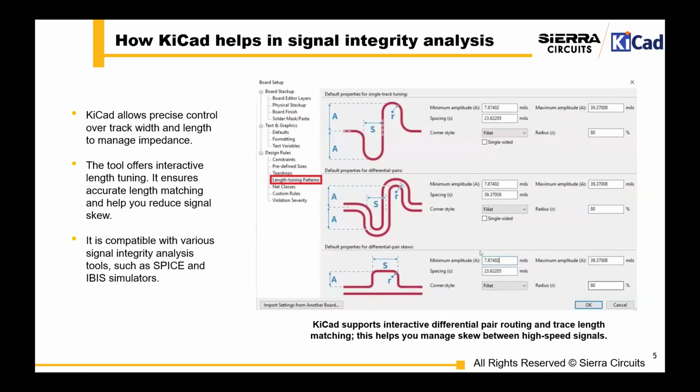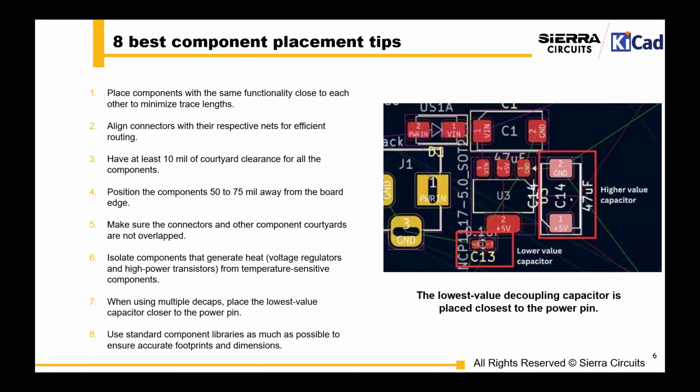So I was going to segue to component placements. It's a super critical part of the layout process, and you want to think about your component placement in terms of EMI, EMC.